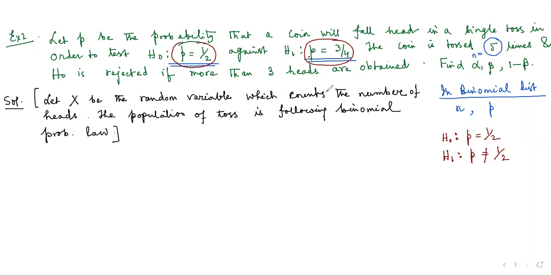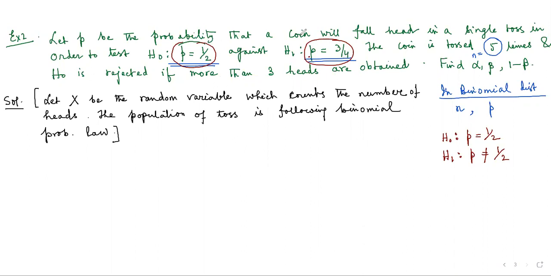P not equals to half means P can be anything. So somehow from their experience they have come to know that it may also happen that the particular coin with which they are experimenting is not an unbiased one. If the coin is biased, it can have any probability. So they have specifically mentioned that P equals 3/4.